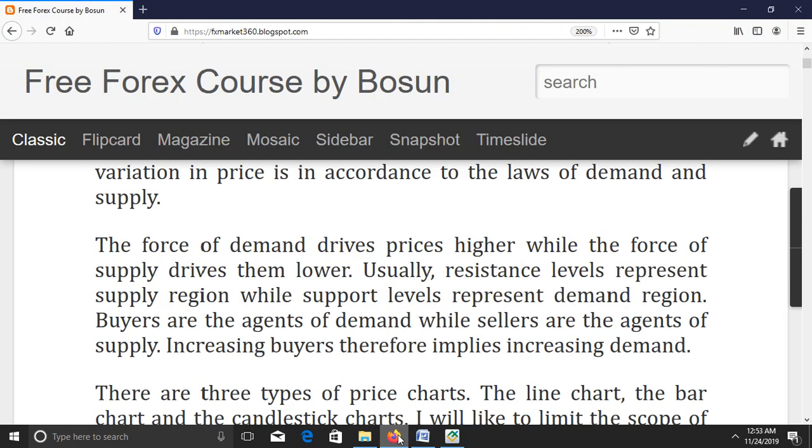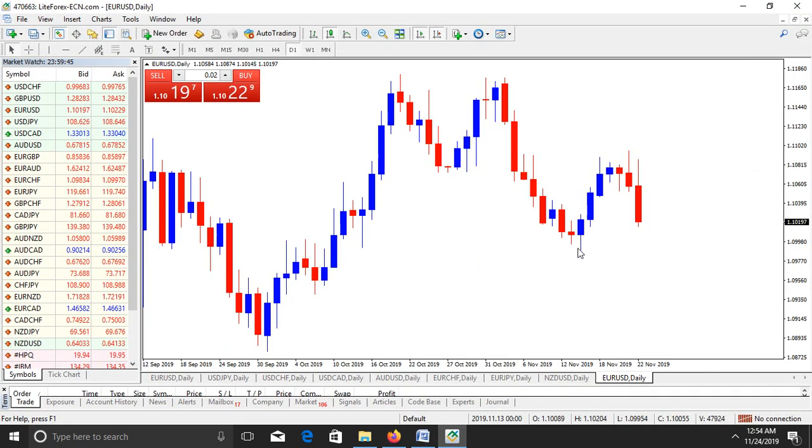While the support levels are the demand zones where we have buyers. This is support. We have buyers here. Buyers are concentrated here. Then here is also support. So look at it. This is support because the law is buy low, sell high.